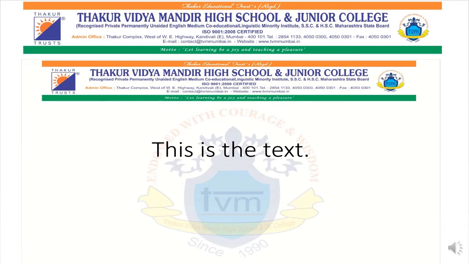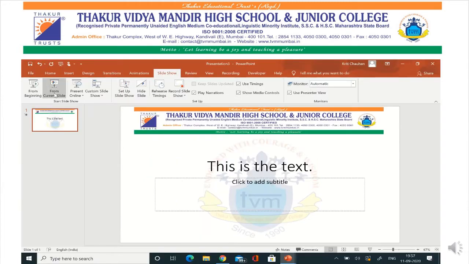So when I start my slideshow, the slide has my text. Now I am going to press the enter key and the text will go from the slideshow. So this is called exit. So there are 3 kinds of actions: entrance, emphasis, and exit.